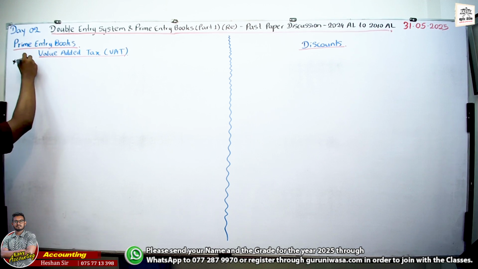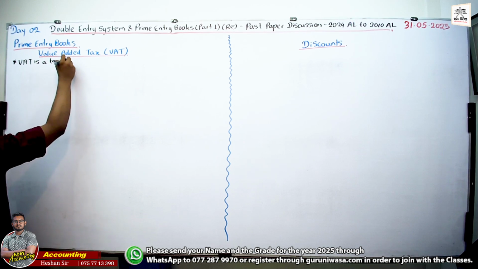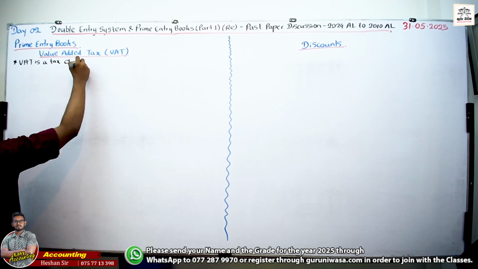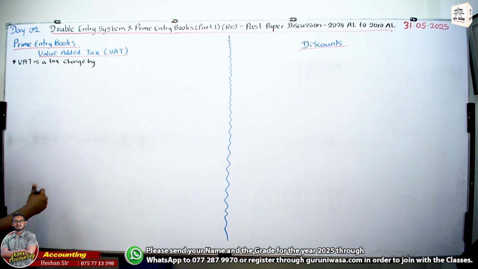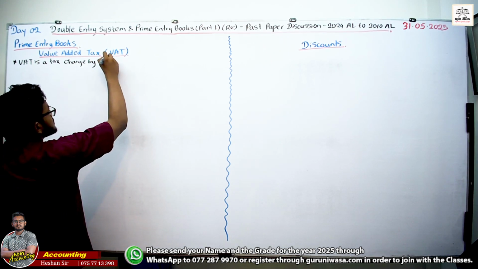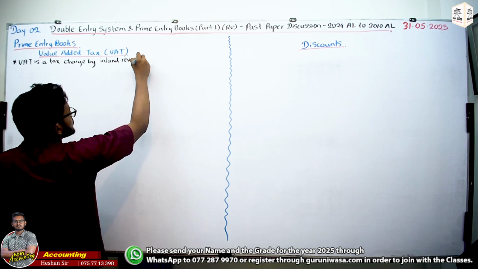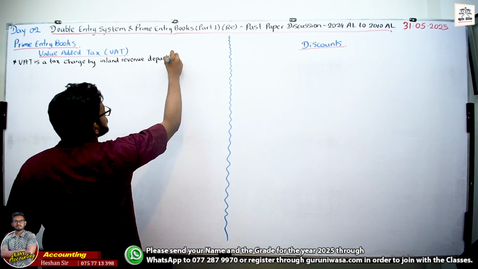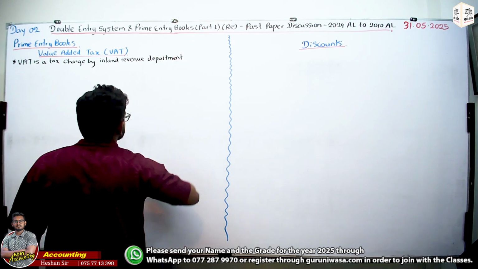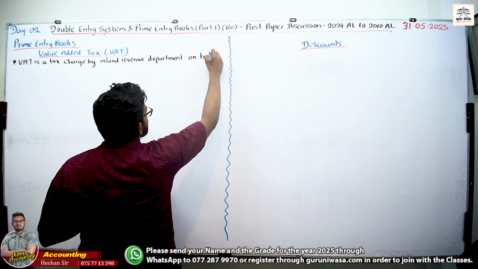VAT is a tax charged by, don't write down, once I finish everything I'll give enough time, the Inland Revenue Department. The Inland Revenue Department charges it on behalf of the government.